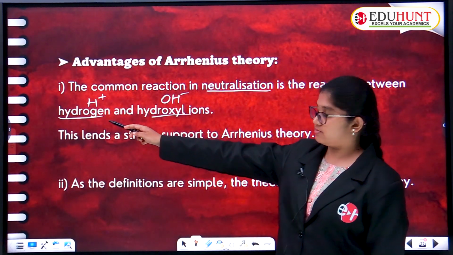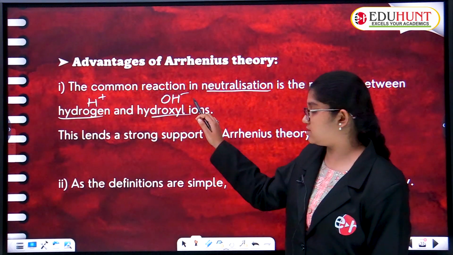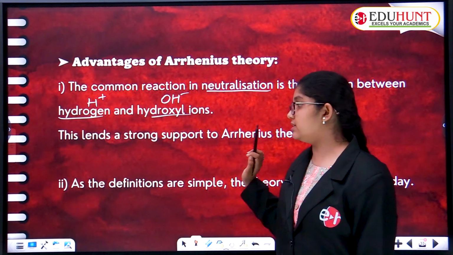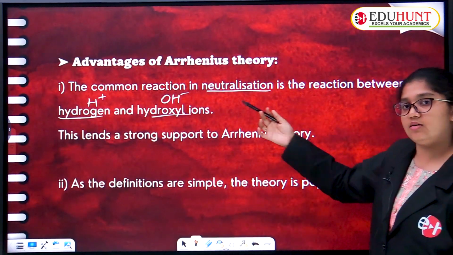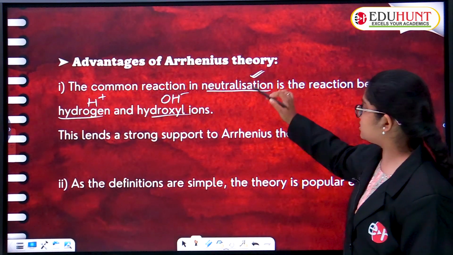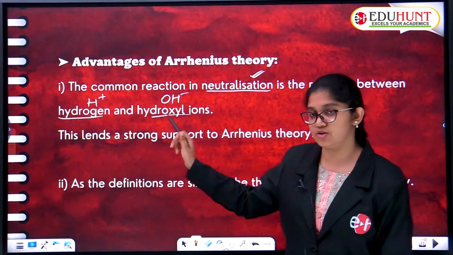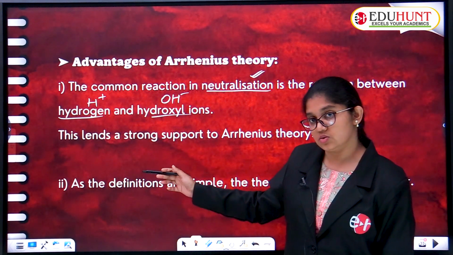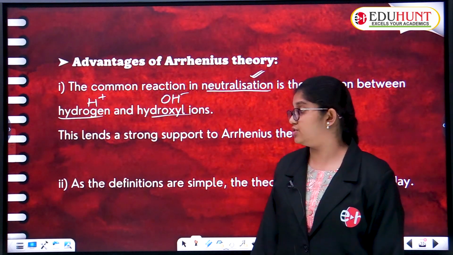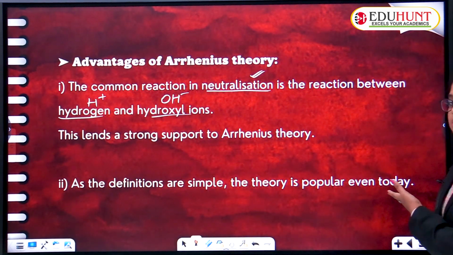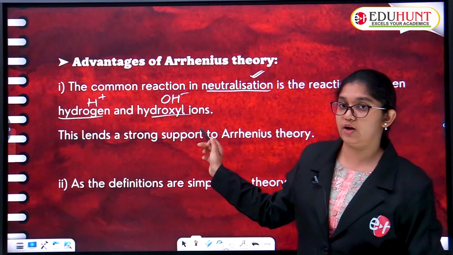H plus is hydrogen ions, and OH minus is hydroxyl ions. When these both react, they give rise to undissociated water. That is nothing but the common reaction for a neutralization reaction. So the reaction is between H plus ions of an acid and OH minus ions of a base.